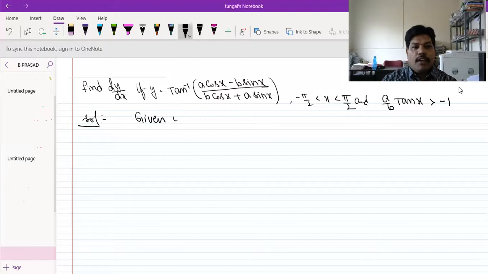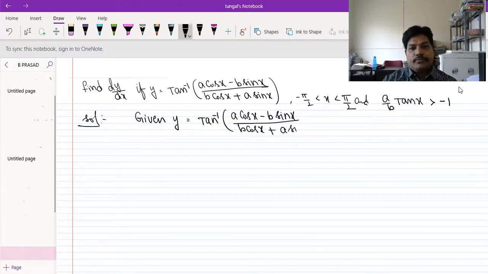tan inverse of a cos x minus b sin x by b cos x plus a sin x. So the y value is given like this.